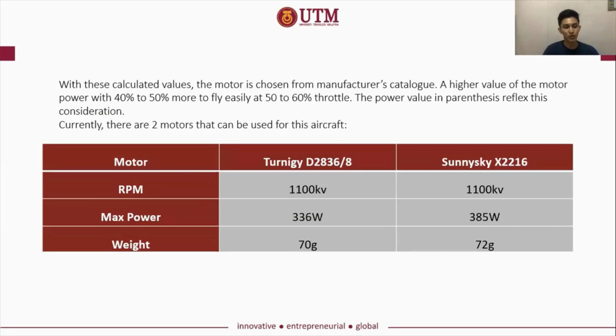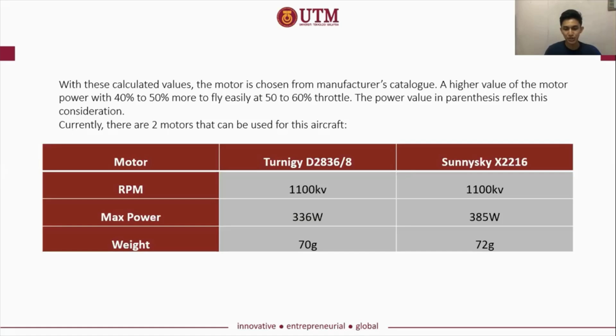With this calculated value, the motor is chosen from the manufacturer catalog. Choose a motor power value 40% to 50% higher to fly easily at 50 to 60% of throttle. Currently we have two choices of motor, which are Tenjin D2836 and Sunny Sky X2216.